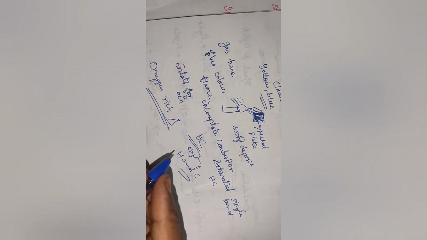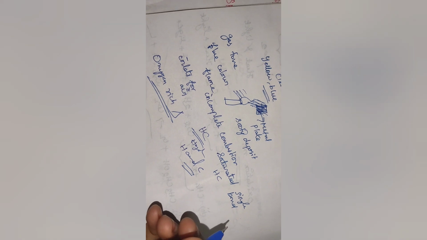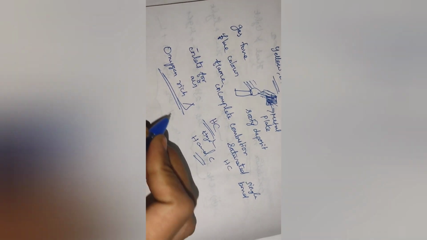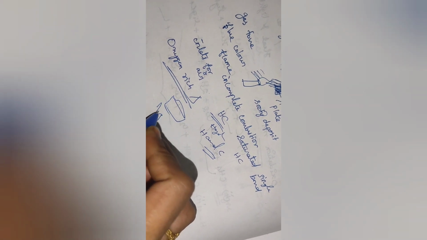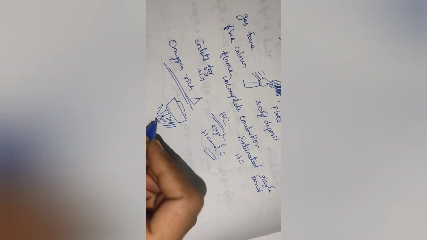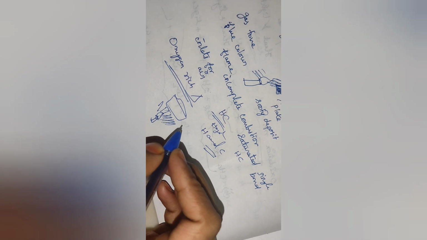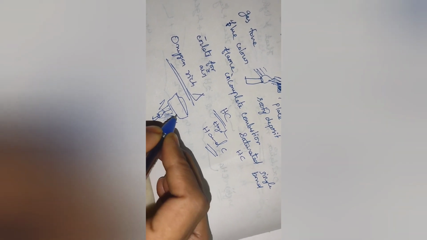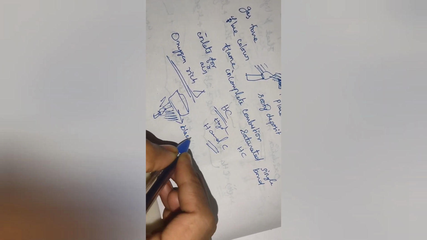And I also mentioned the sooty deposit on the metal plate. Observe the bottoms of cooking vessels. When you are cooking and burning fuel, look at the bottom of the cooking vessel. It is getting a black deposit. It is blackened.